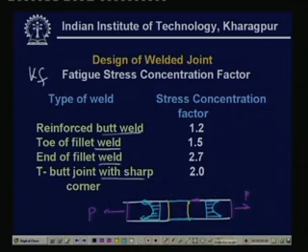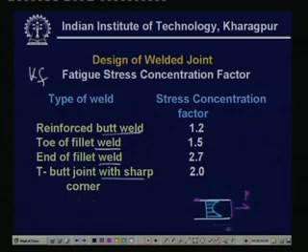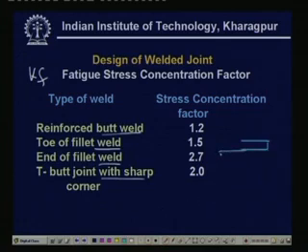If you consider a fillet joint, let us say we have a fillet joint given in this form. So, this is one bar connected to another. Let us apply a load twice F, it will be taken F, and remember the fillet is here.